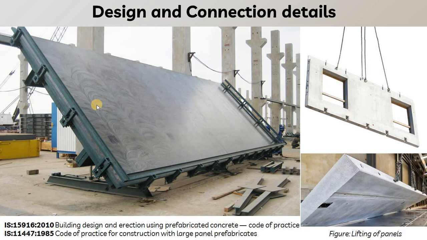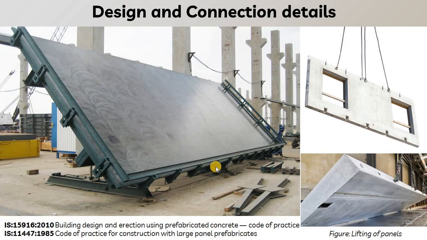Similarly, there will be a shutter for the window, made on this table, and then the reinforcement will be loaded. After achieving the strength, it will be lifted by tilting this table up to the required degree, and then it will be simply removed from the table using a crane.